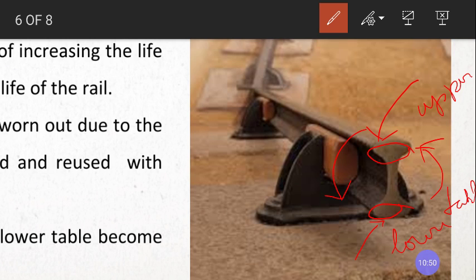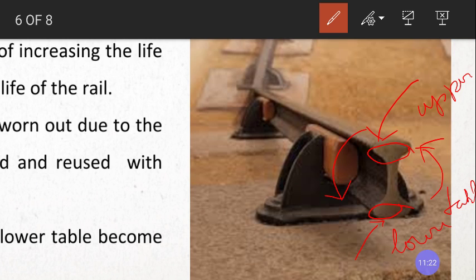We provided two heads because if one head is worn out, we can turn the rail and use the lower head as a new rail. But what happened is, as we saw, the stresses and vibrations caused by the movement of trains over this rail caused wear and tear not only on the top surface, but the bottom head also wore out.